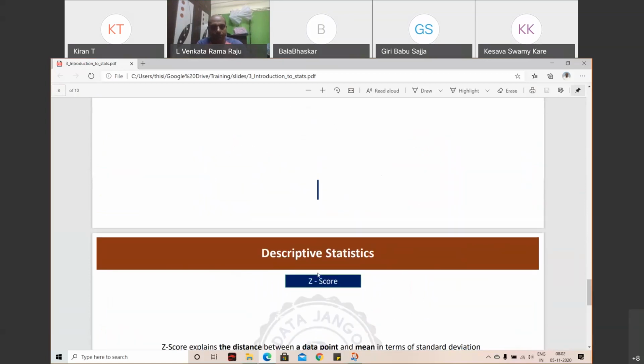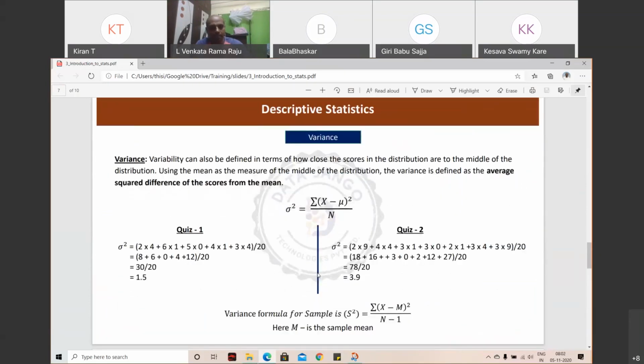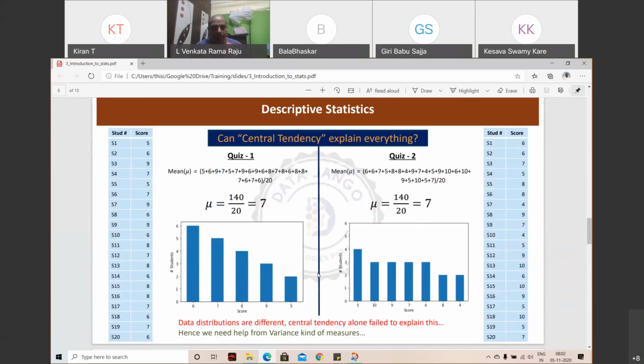We'll take the mean as the center point and then try to understand how far each number is from the center point. If you see here, the mean is 7, and the spread is like this: the minimum number is 5 and the maximum number is 9 in this one.